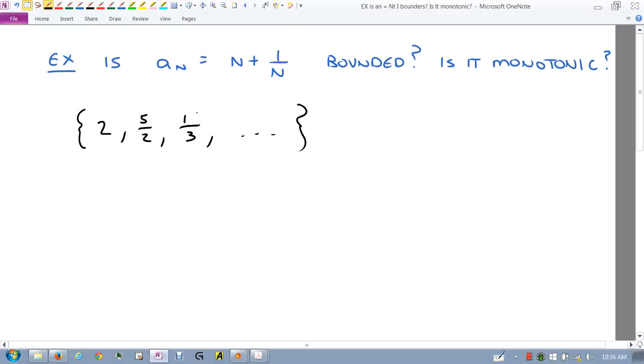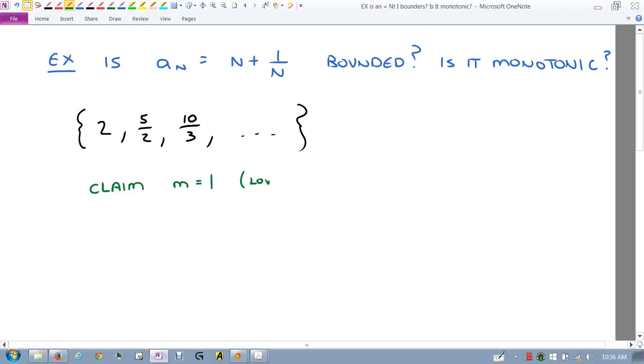Can somebody give me a lower bound on this sequence? 1? Y'all happy with 1? So now you need to show it's true. I'd say that's a good conjecture, that 1 is a lower bound. So my claim here is that little m equals 1.